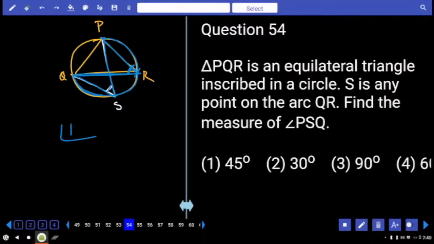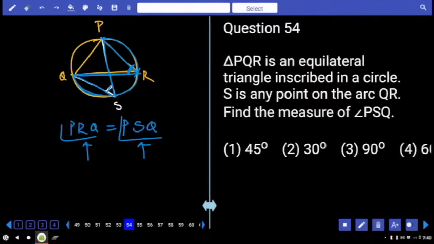So angle at P, R, Q, where R is a point on arc PQ and S is also a point on arc PQ. The angles made by R and S both must be equal, right? PQR is an equilateral triangle. Angle at R is 60. So answer, angle at PSQ also 60 degrees.